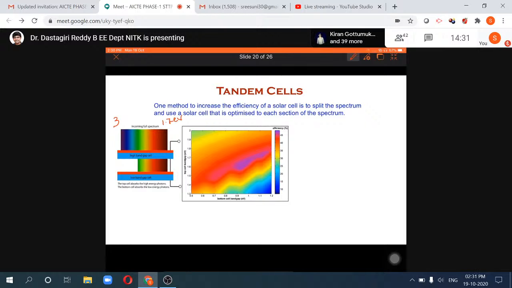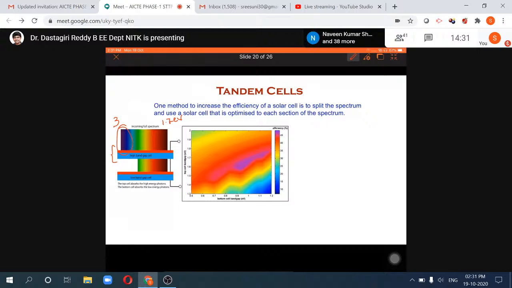Of course, there will be some losses in between, so it may be slightly less than 3. So you can use one junction which will be utilizing this blue light, and then the rest will pass through without doing anything.